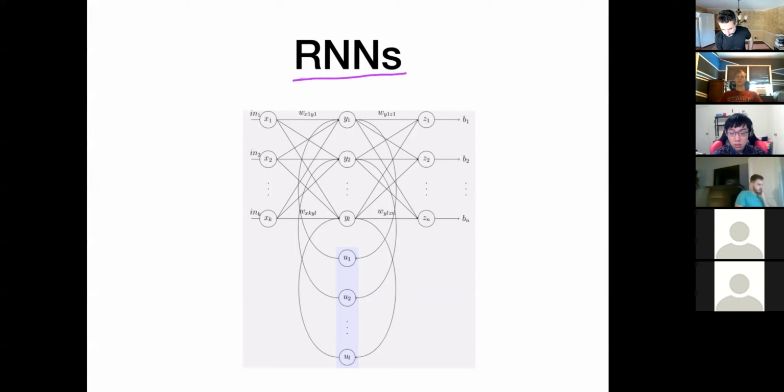Here, these inputs are connected to your output, but in addition to this, once you calculate these outputs, you run them through these guys. These are like your memory cells in your recurrent network, and you need to feed it back to your output in order to generate the next activation.